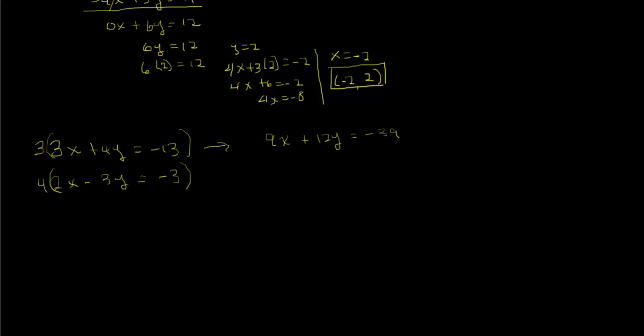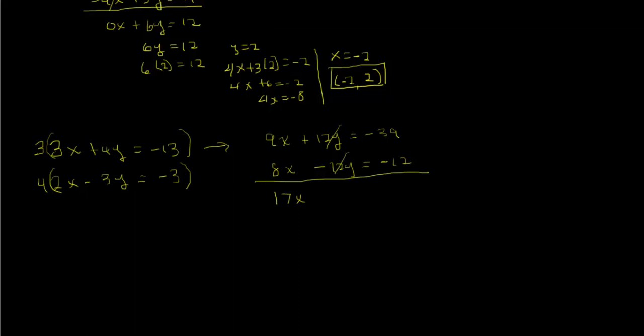The bottom equation gives us something like 8x minus 12y equals negative 12. Now you can see, if I combine the two equations, 9 and 8 would be 17x.